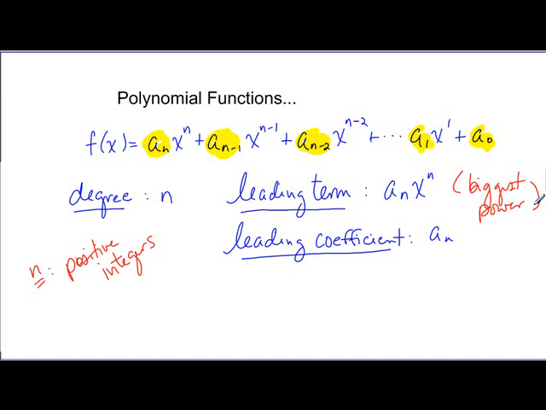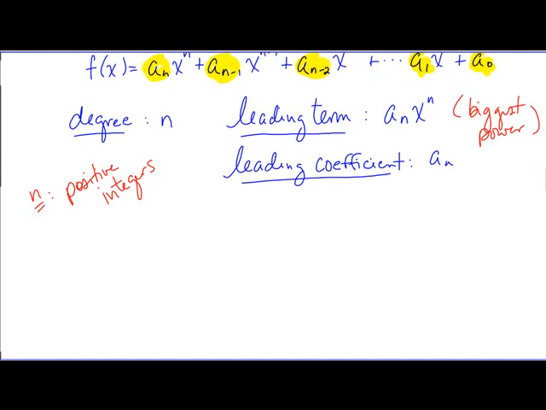Now the graphs of polynomial functions are always smooth, continuous curves. For example, if you have a linear function, that's a polynomial function. Smooth, continuous curve. If you have a quadratic function, that's a polynomial function and is a very smooth, continuous curve.